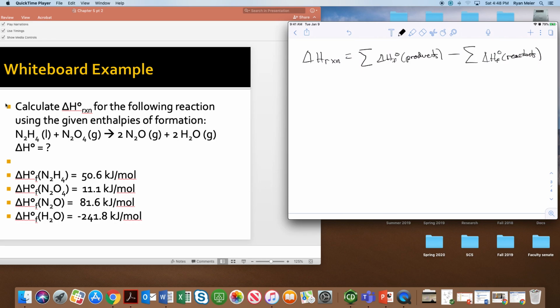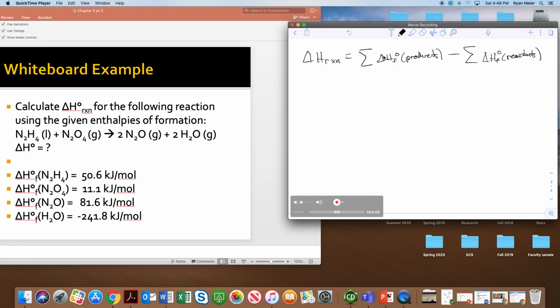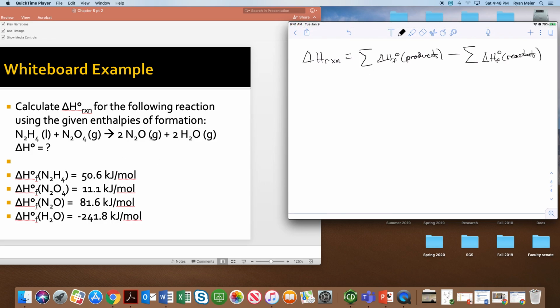Now, to put all of the pieces in so we see how this works, we'll start with the product side of things. So our products are N2O and H2O. So for N2O, its enthalpy of formation is positive 81.6 kilojoules per mole.